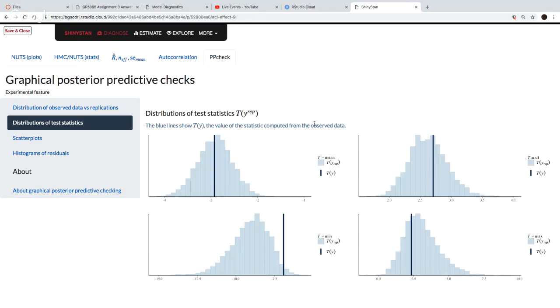This thing, distribution of test statistics, is maybe not the best choice of words because it has pretty much nothing to do with what people usually think of as the distribution of test statistics in a frequentist sense for testing a null hypothesis that some coefficient is 0.